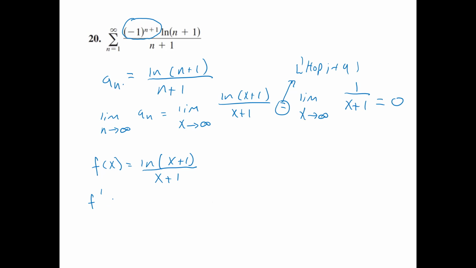It just has to eventually be negative. So f prime of x is equal to quotient rule. So we're going to do the derivative of the top, 1 over x plus 1, times the bottom left alone, x plus 1. And so we're just going to get 1. Minus the derivative of the bottom, which is 1, times the natural log of x plus 1, all over the x plus 1 squared.